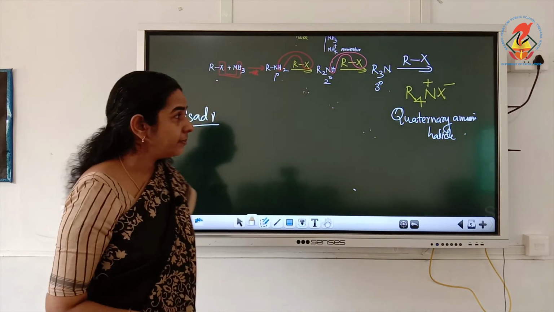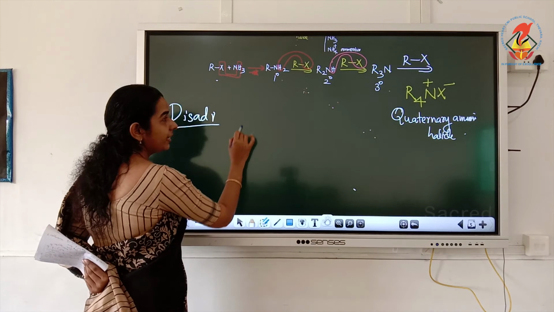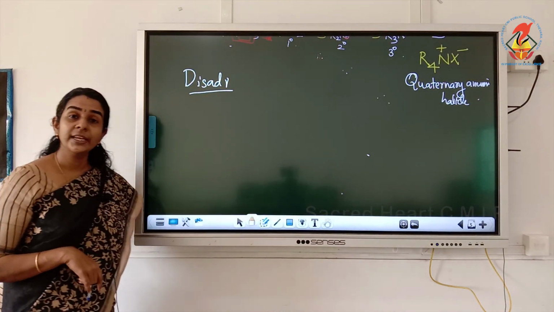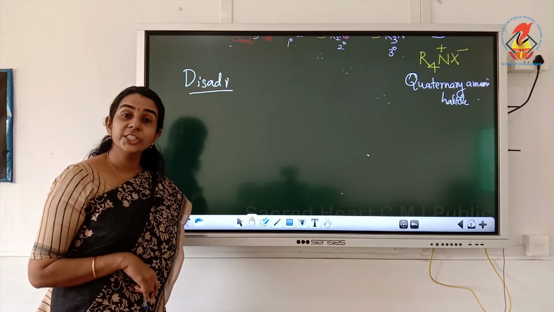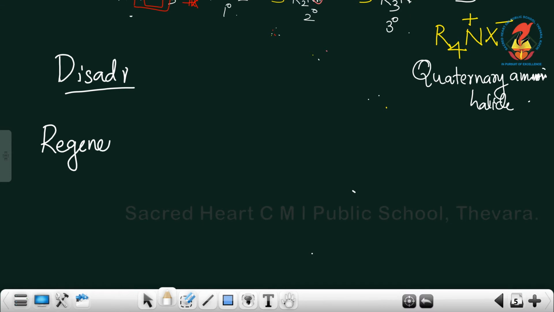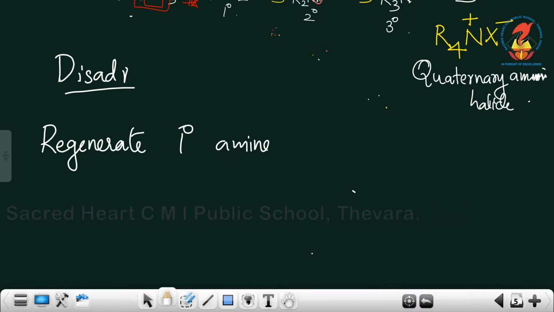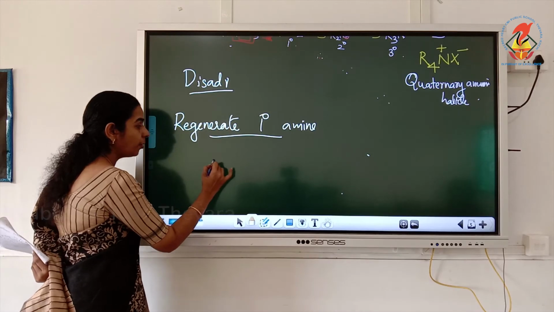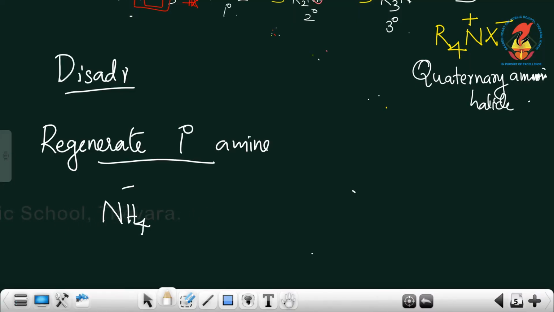And sometimes it is possible to regenerate the primary amine from the substituted ammonium salt. So how can we regenerate the primary amine from the substituted ammonium salt? What is the substituted ammonium salt formula? Ammonium formula is NH4 plus.